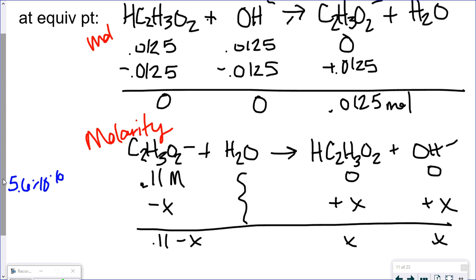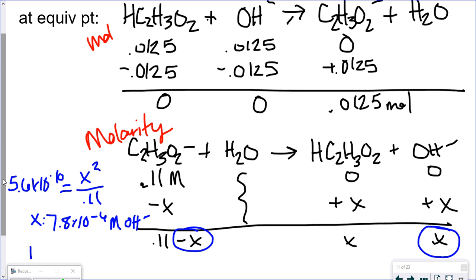That's going to be equal to the x squared over, and we can ignore the x, so we can do it over 0.11. Solve for x, and that is going to be equal to 7.8 times 10 to the negative 6th, and that is our molarity of our hydroxide. So we can plug that into pOH, do negative log.